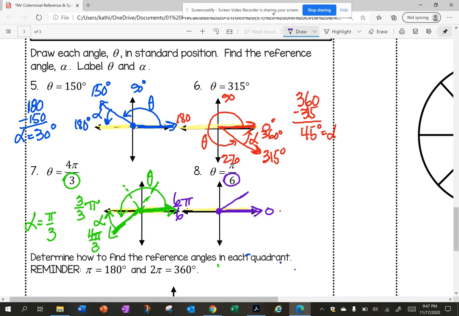So this would be 1, 2, 3, 4, 5, 6. So here is my angle right here. This is theta. And I want to identify alpha, which is the smallest acute angle back to the x-axis. Going back is the same way I came. So it's okay, theta and alpha can be the same angle. So alpha is also pi over 6.